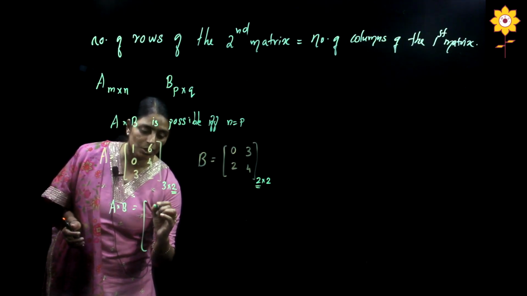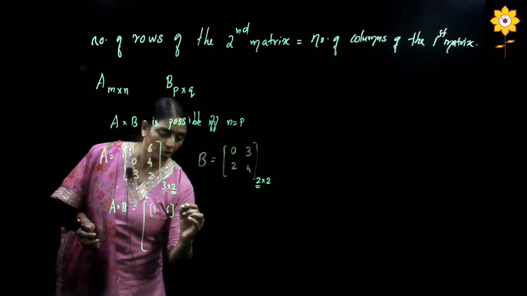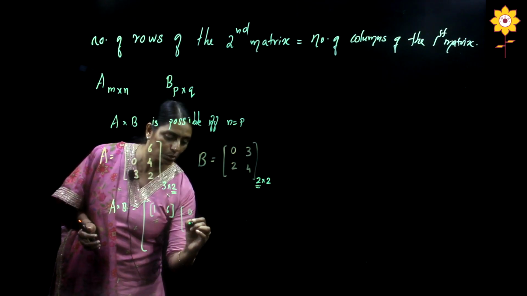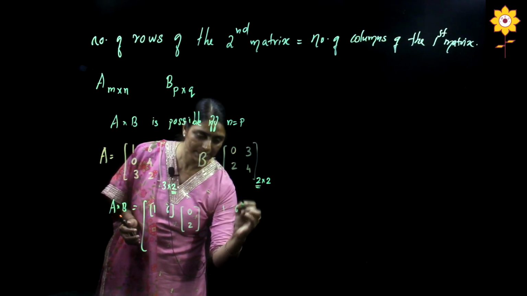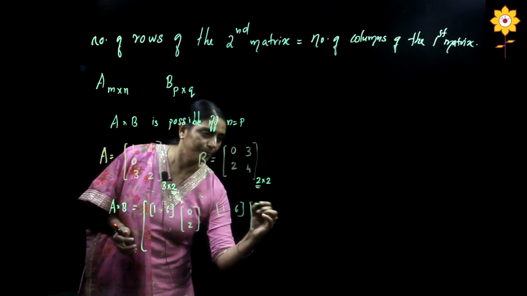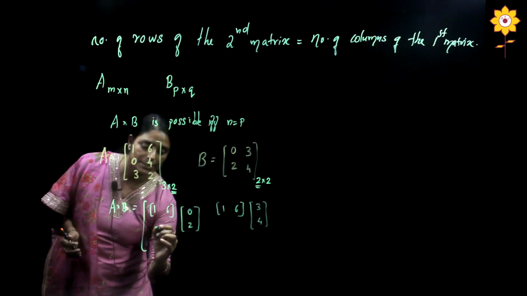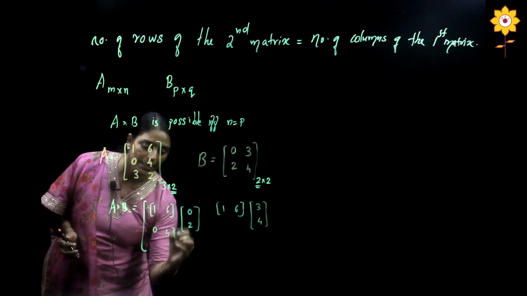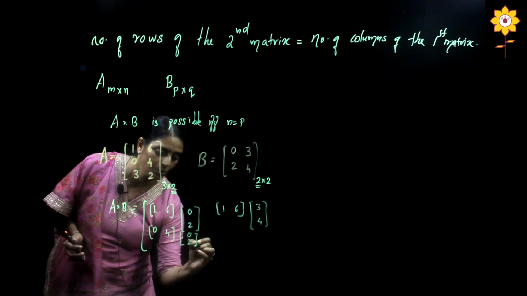Then how to do the matrix multiplication? First you have to consider the first row 1, 6 and the first column of the second matrix 0, 2. The next one is 1, 6, the first row, multiplying with the second column 3, 4. Then 0, 4 is multiplying with 0, 2.